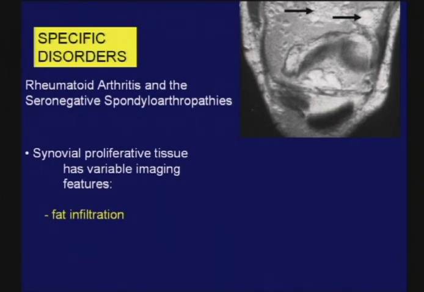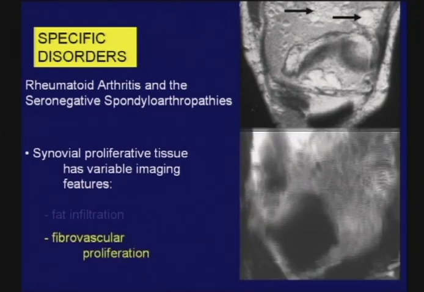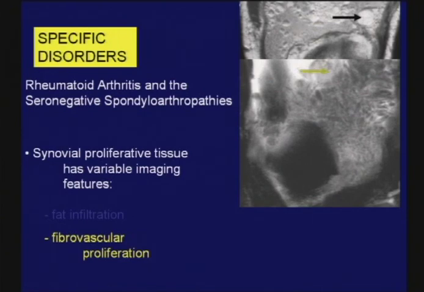I'll show you that a little later, but this is secondary. So this will occur in rheumatoid arthritis as well as in osteoarthritis. A second pattern is fibrovascular proliferation, a feathery appearance to the diseased synovial membrane, with signal intensity generally intermediate in nature, as shown in this example.